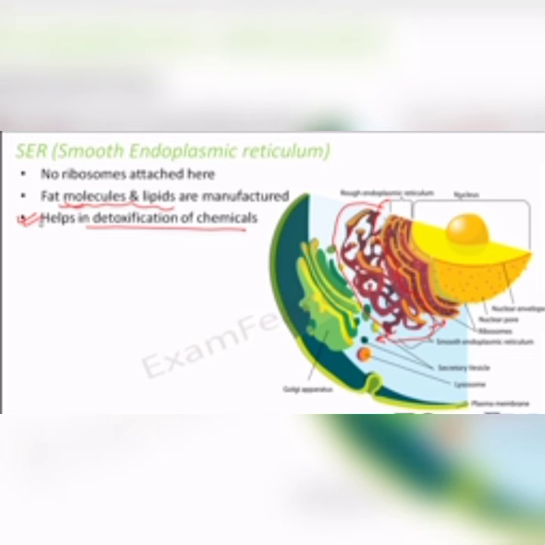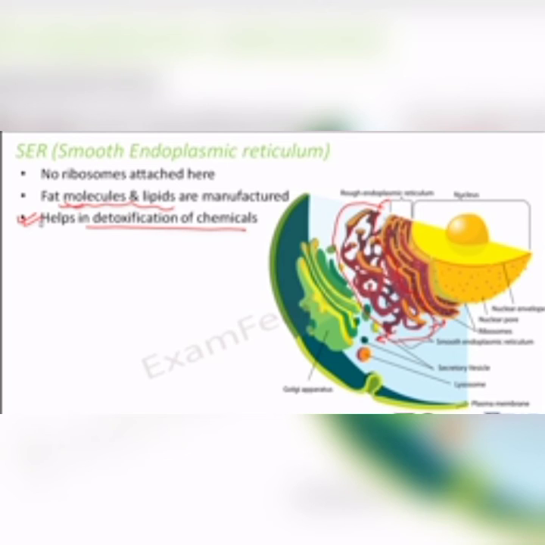And once the body returns to its normal state, or once the effect of the alcohol has subsided, the smooth endoplasmic reticulum comes back to its normal size. If somebody is consuming alcohol say once in a year, that is still not harming the body that much, because your liver is detoxifying it, smooth endoplasmic reticulum is increasing its surface area. Once the effect has subsided, it comes back to its normal state.